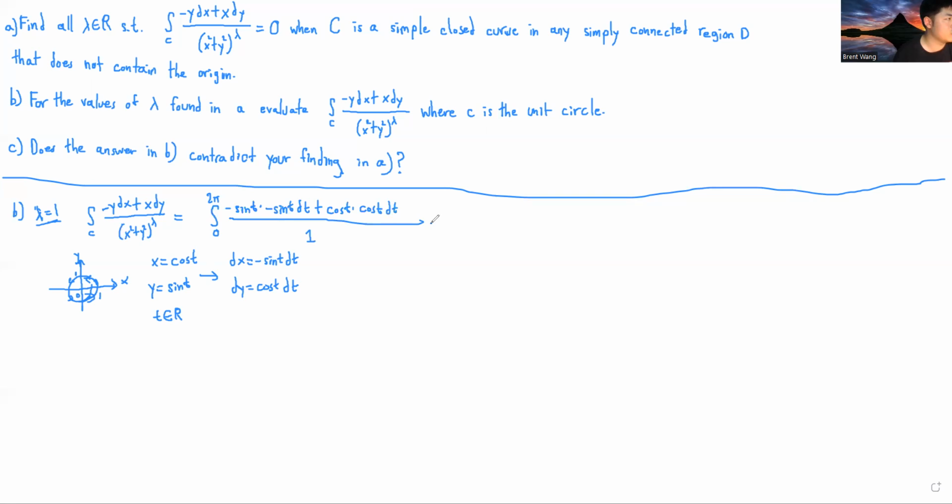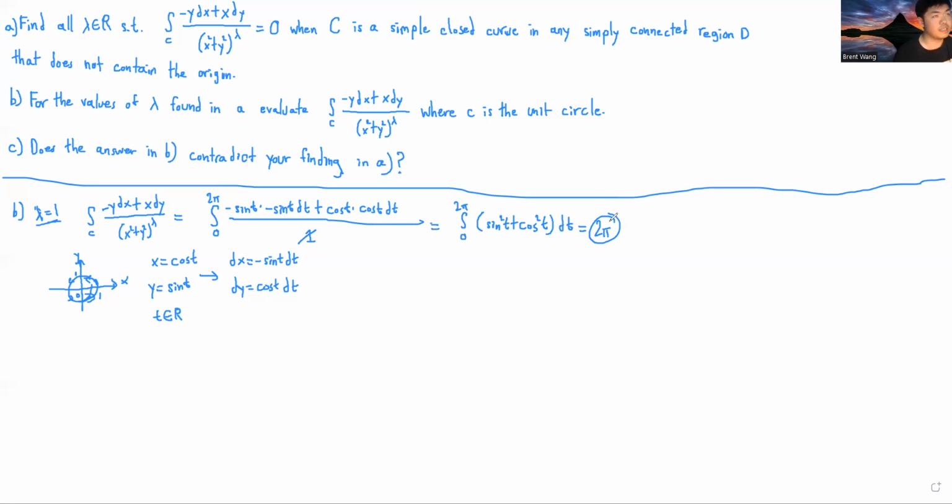So this is just equal to, from 0 to 2 pi, we could eliminate the denominator actually. Factor out the dt: sine squared t plus cos squared t dt. This is equal to 1. 1 times 2 pi is 2 pi. So the answer for part B is 2 pi.